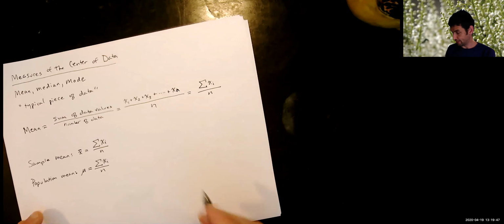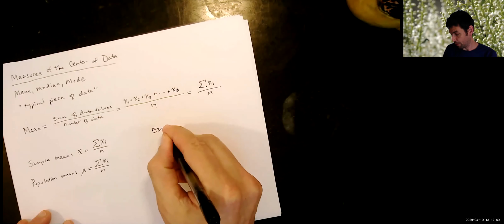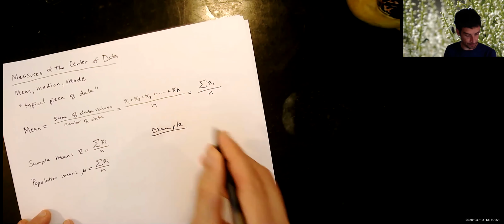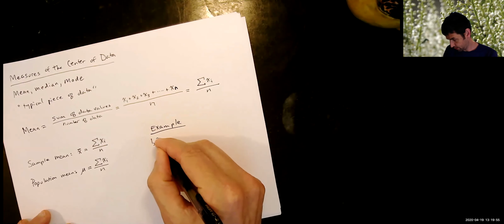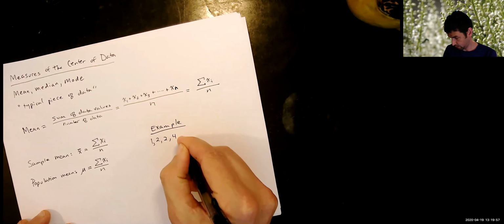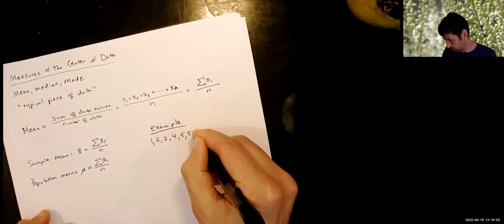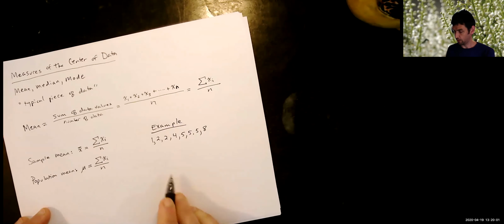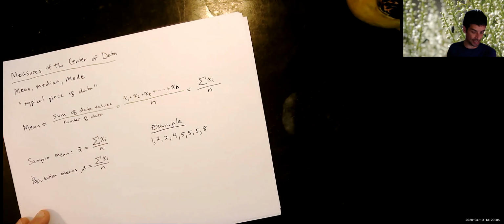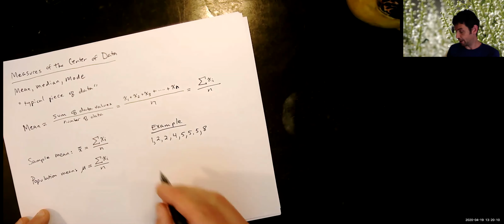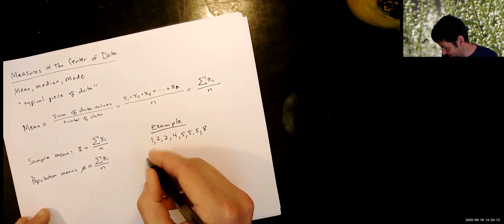So for instance, suppose I have the data. We'll just make a small, simple data set. Right, so I've got 2, 3, 4, 5, 6, 7, 8 pieces of data here. Let's pretend this is a sample from something, and I want to compute the sample mean.